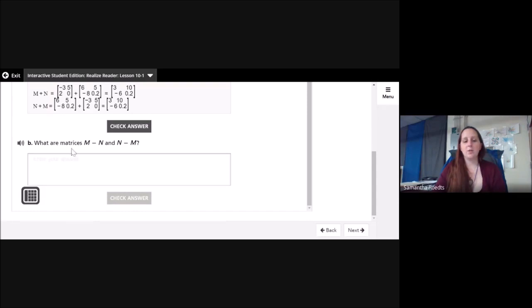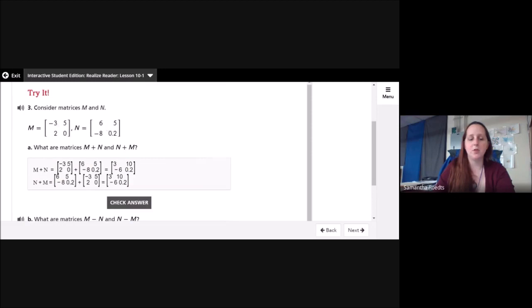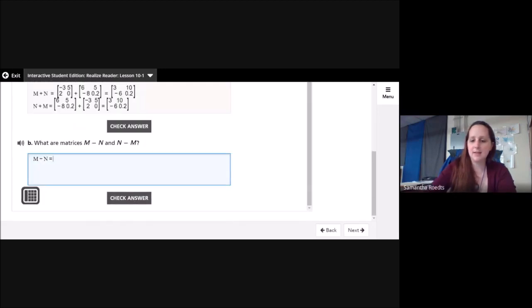Okay, what are the differences, M minus N and N minus M? So M minus N, I'm taking this minus this. So -3 minus 6 is going to give me -9.